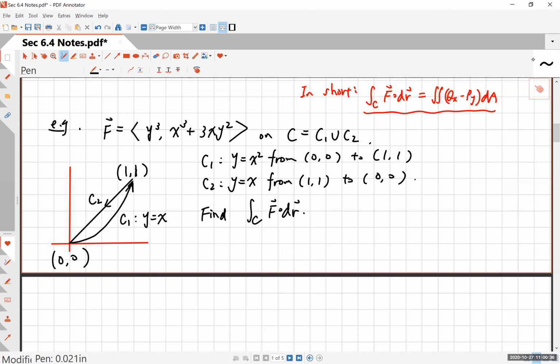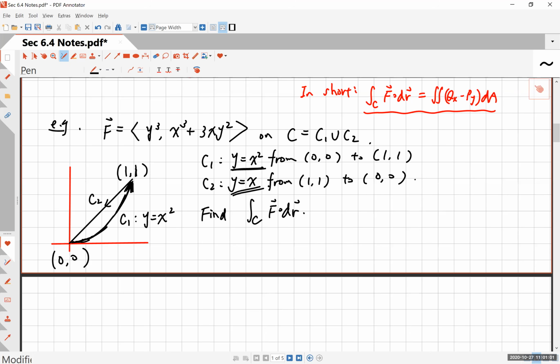So here's the first example. Let's say C1 is this curve, part of the parabola y equals x squared, from (0,0) to (1,1), followed by the straight line segment coming back from (1,1) to (0,0). So that would be along y equals x.